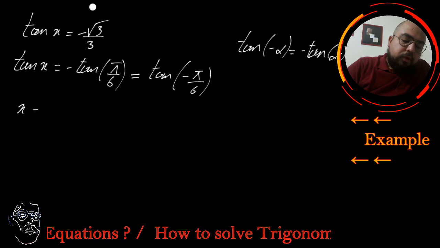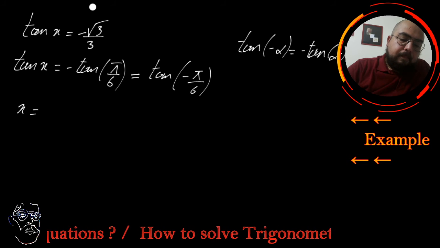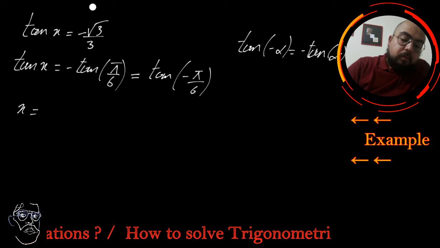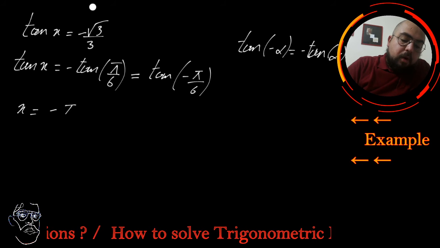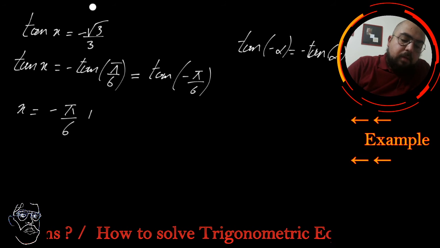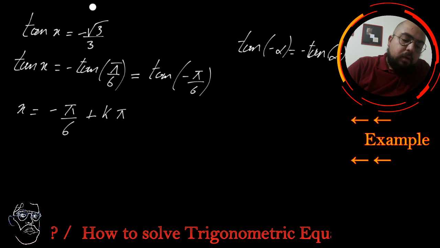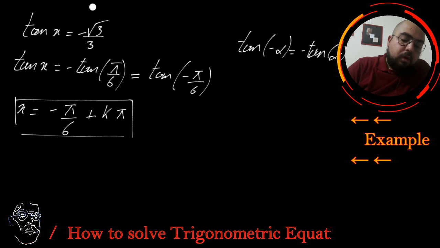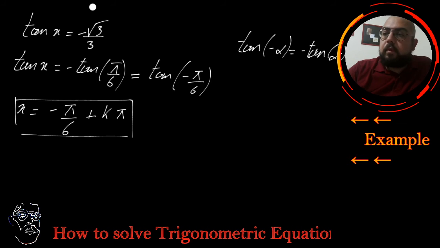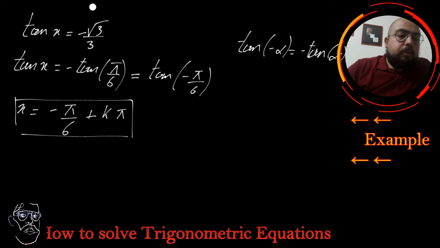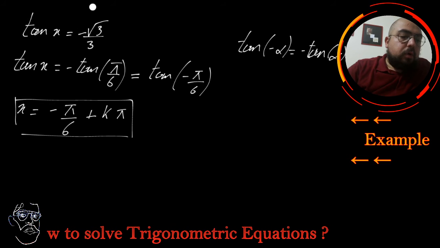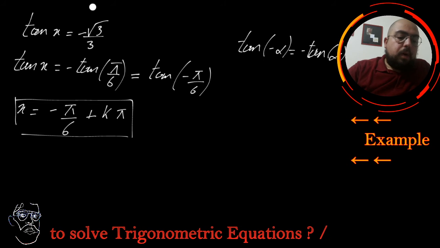So x is equal to minus pi over 6 plus k pi. So this is the solution for this equation.